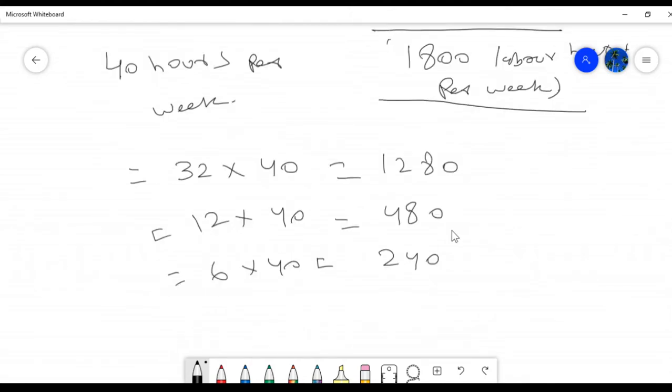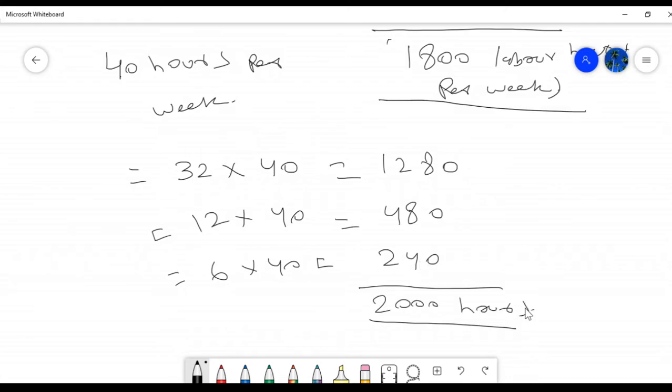If you add all three, how many hours are coming? It comes to exactly 2000 hours.